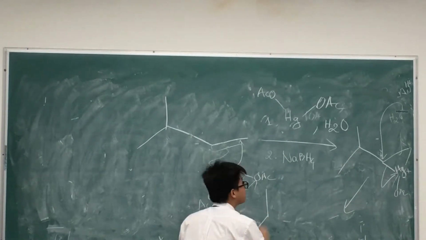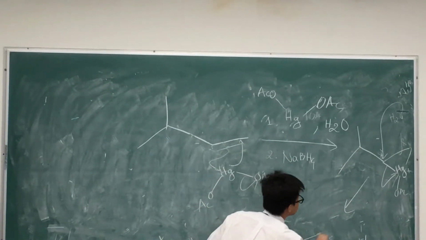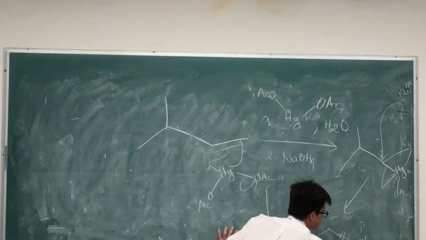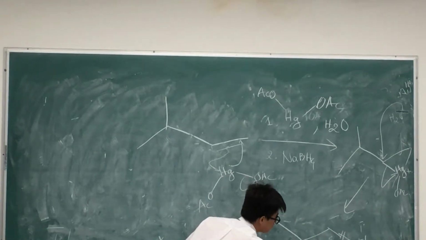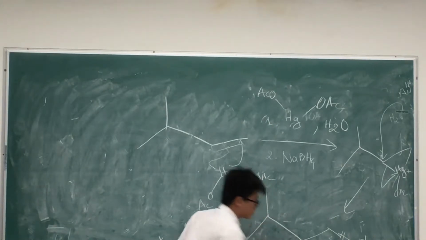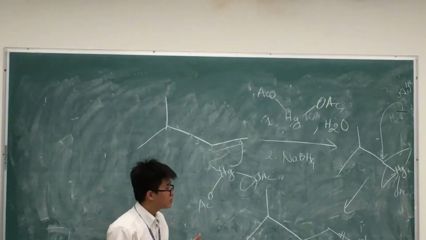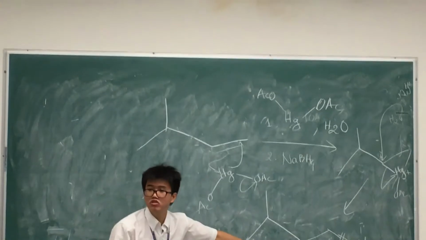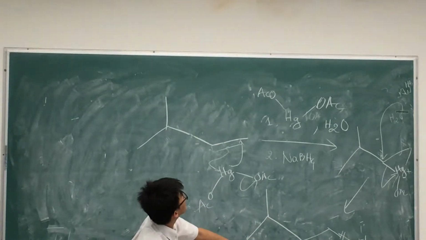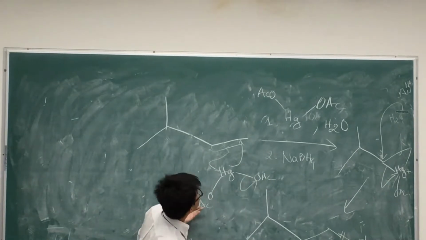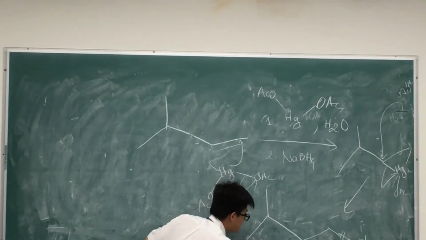Just asking yourself, this is how I study organic chemistry. This one is Hg OAc, right? This one is O plus. Again, what happens next with this one? I need to neutralize it, right? By what? Maybe OAc, a base, anything.